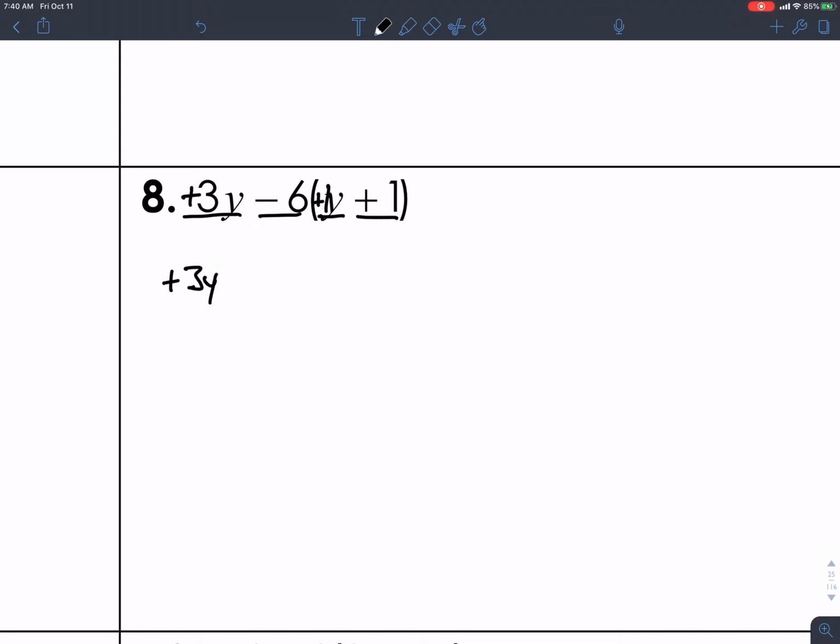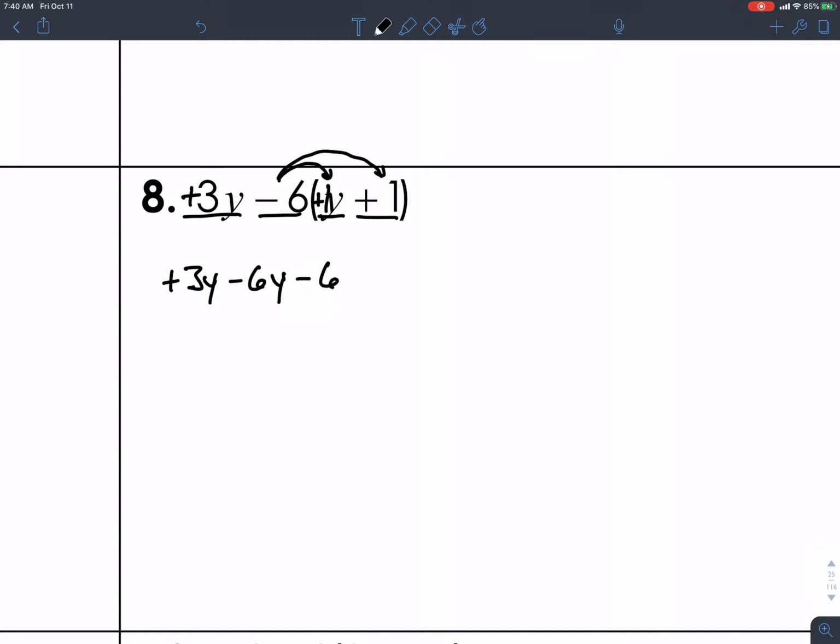If we look again, GEMDAS grouping, there's nothing inside the parentheses I can do. There's no exponents, so multiply. Right, here's the multiply, negative 6 times 1. That's negative 6y. Negative 6 times positive 1 is a negative 6y. Negative times a positive again, it's negative 6.